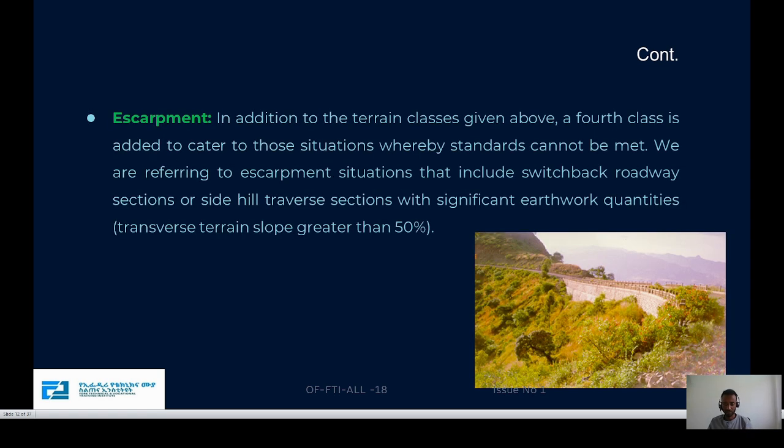Escarpment is a traverse slope greater than 15%. For this type of terrain, the standard cannot be met. We can define escarpment situations as including switchback roadway sections and side-hill traverse sections with significant earthwork quantities.